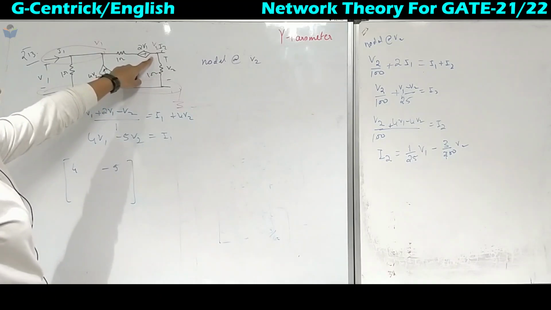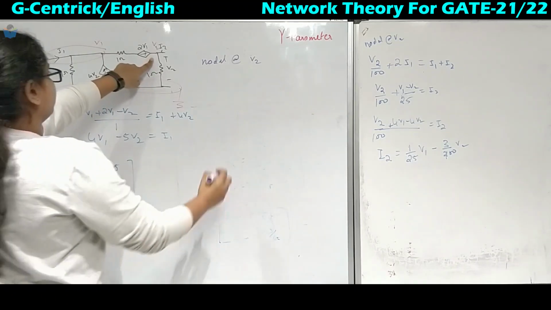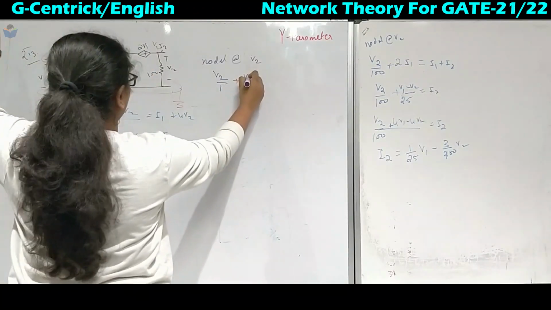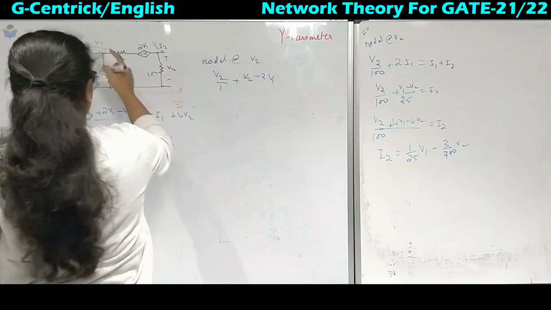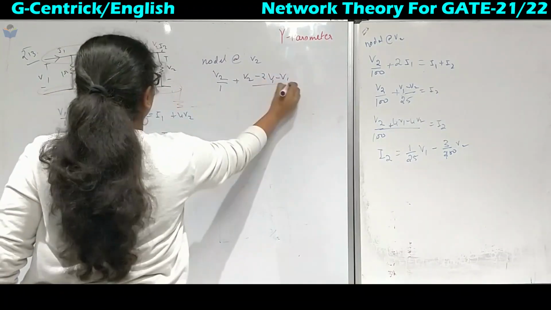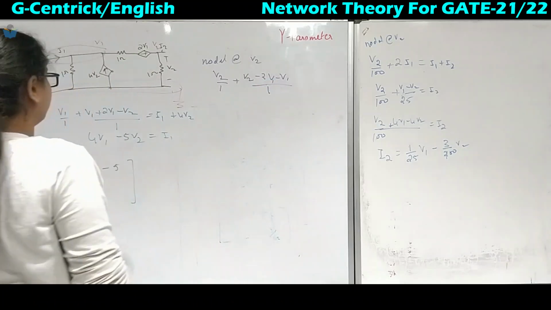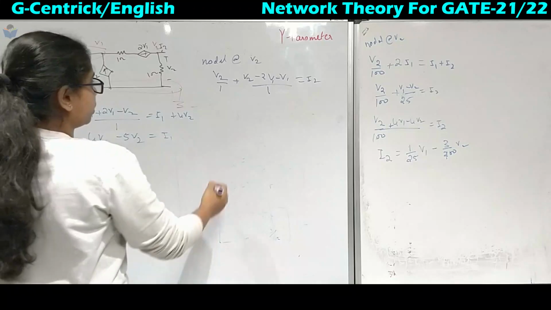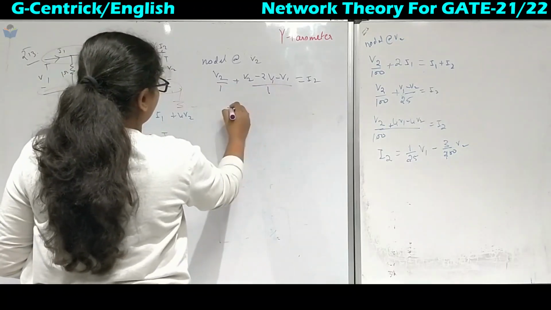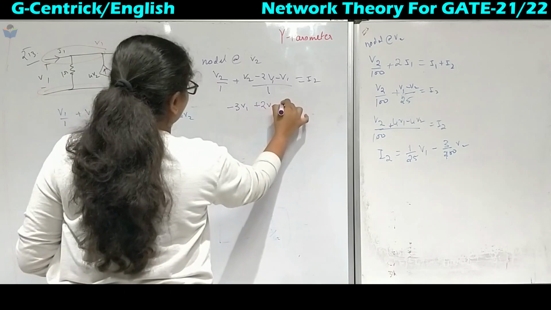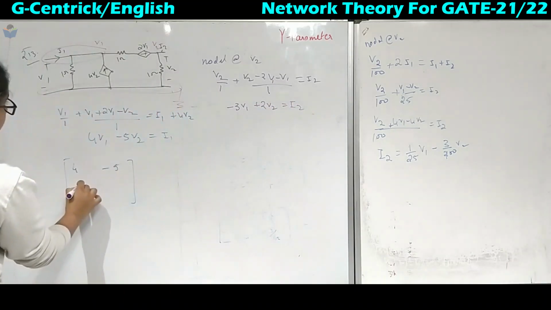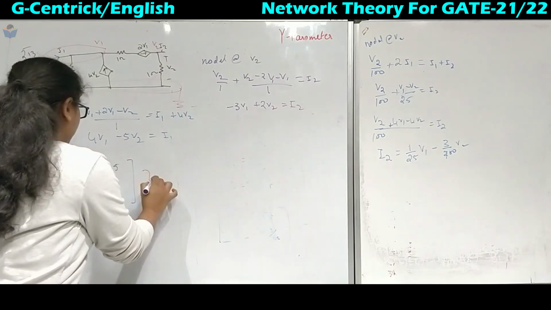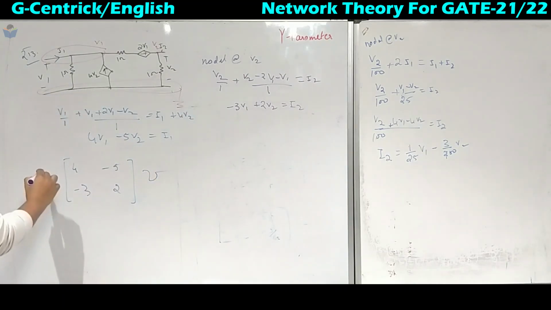We have got V2 over 1, then going this way, V2 minus 2V1 minus V1, divided by 1, and this I2 is incoming. Easily we got this equation now: minus 3V1 plus 2V2 equal to I2. So this value is minus 3 over here and this is 2. So this is nothing but our admittance matrix with its unit.